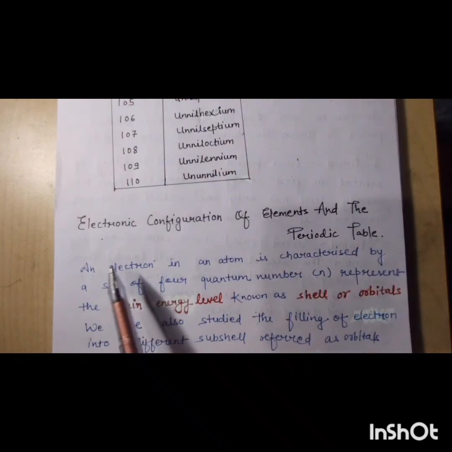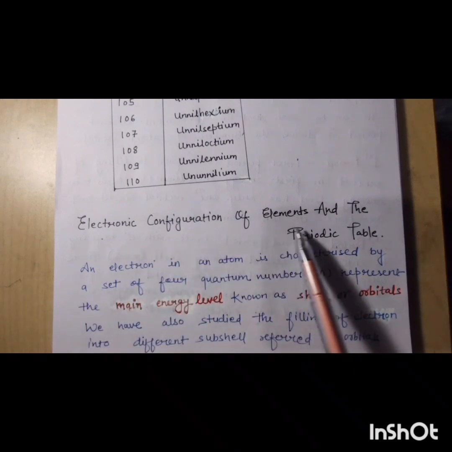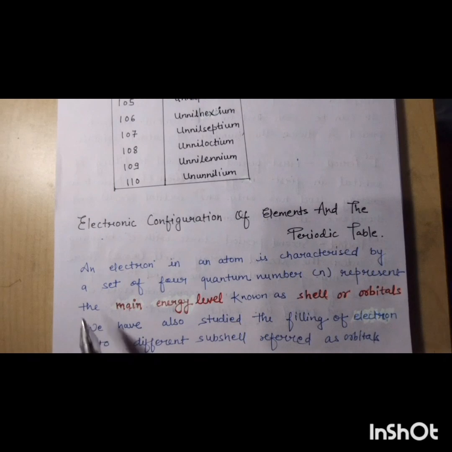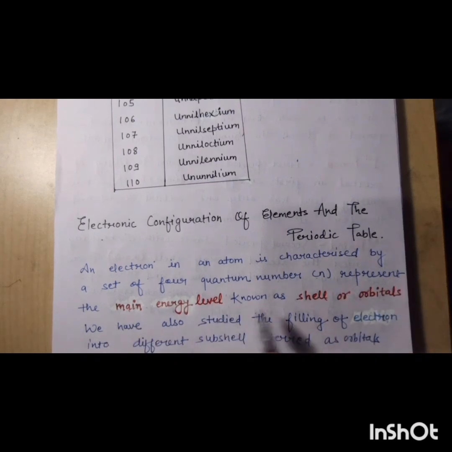Now our next topic is electronic configuration of elements and the periodic table. So how is the electronic configuration there in the periodic table? An electron in an atom is characterized by a set of 4 quantum numbers. n represents the main energy level known as shell, as you have read in previous class.